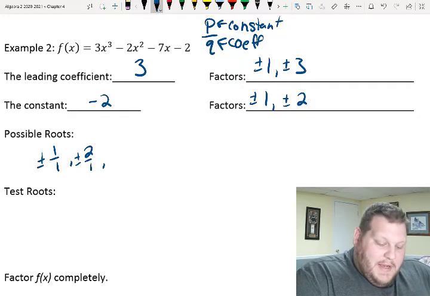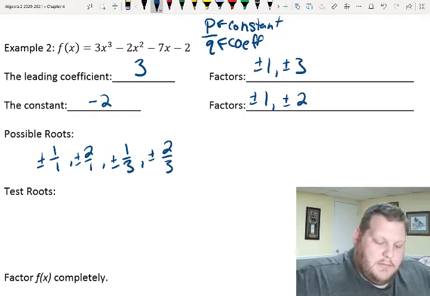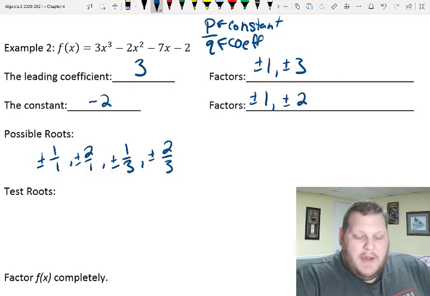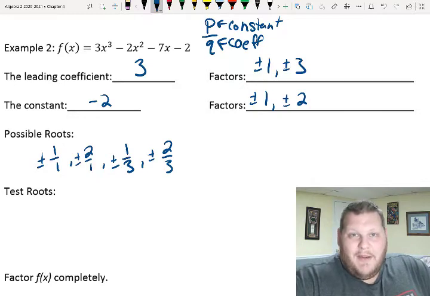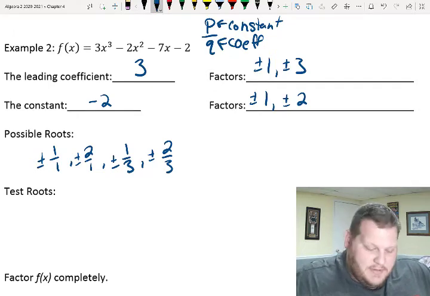But then we also have the possibility of having some uglier stuff with plus or minus 1 over 3 and plus or minus 2 over 3. So those are my 8 different possibilities: positive or negative 1, positive or negative 2, positive or negative 1/3, or positive or negative 2/3. I've got all of those options.